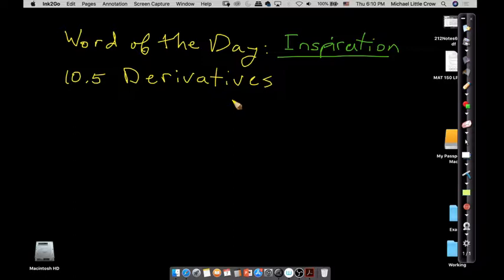The thing that's going to change is instead of looking at a limit as we get close to a point, we're getting closer to that point, but we're taking a second point and making that second point get closer to the first point. And so we're not looking at y values anymore, the output value of the function. We're actually looking at the slope of the line between those two points. So that's all that's different. It's really pretty much the same lesson as what we were doing in 10.1 and 10.2 and probably 10.3 on limits, except now we're throwing in this calculation of slope.